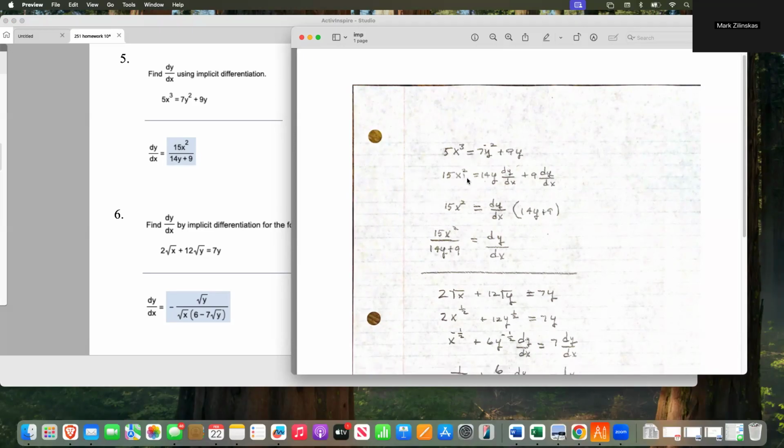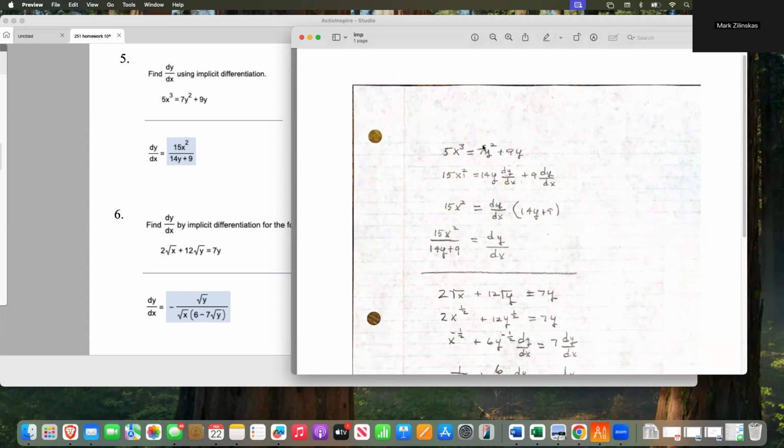Well, again, following the three-step process, number one, I want to find the derivative of this equation. I go through both sides of the equation term by term and find their derivatives. So I get 15x squared here, pretty straightforward. Then 14y, because this is just 7y squared.